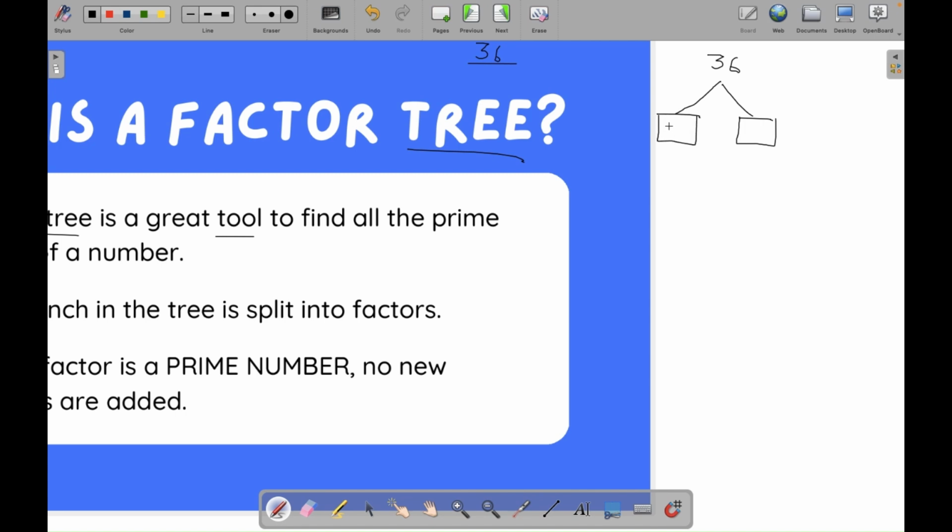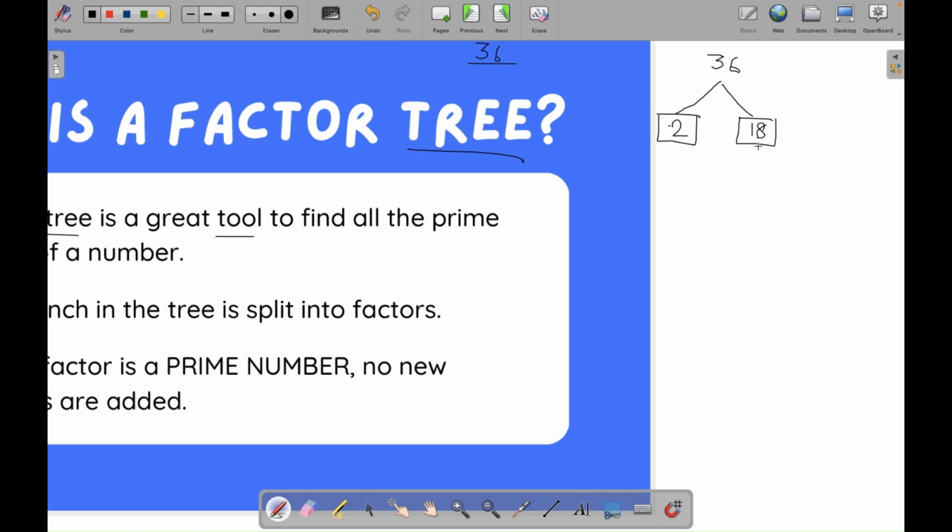So this is one factor, this is another factor. These two are factor pairs. If I start from 2, say, this will be 18. This is how we create the branches. And when does the branch stop? Until we reach a prime number. For example, here I choose 2. So 2 was a prime number, so we'll stop the process because this cannot be divided any further.